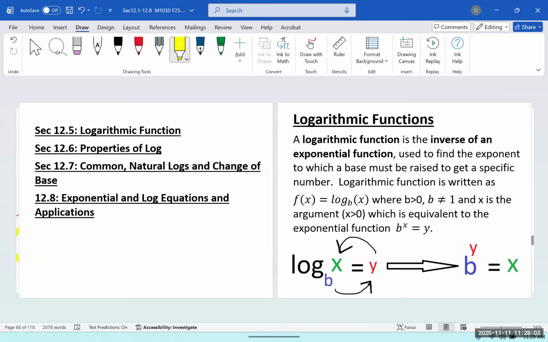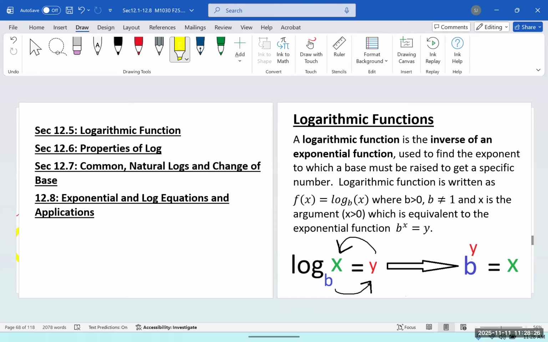Here there are a few conditions. This x has to be bigger than 0. It will not have any negative. If you have 0, it's undefined. If you have a negative inside the log, it's undefined. So log can only take positive numbers, just like a base raised to a power can only give positive values.